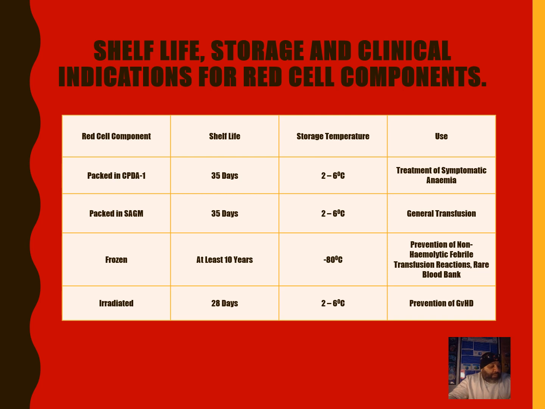And then I will talk a little bit about irradiated red cells in an overview later in this episode. But suffice to say that irradiated red cell components have a shelf life of 28 days and have a storage temperature much like the packed red cells in the SAGM bag. Irradiated red cells are also issued in SAGM type bags as well.